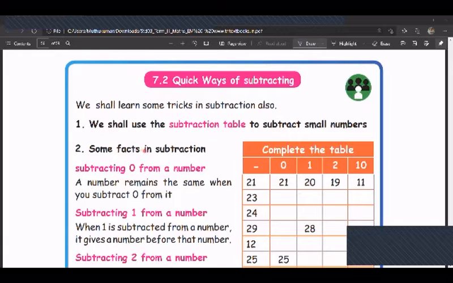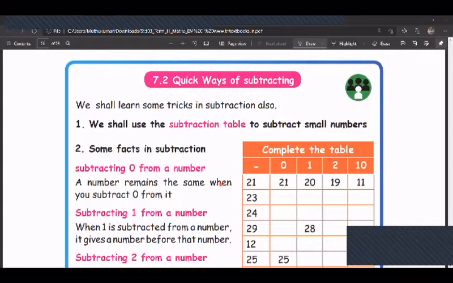Some facts in subtraction. We have learned these facts earlier when we studied subtraction, isn't it? So, let's see it again. Subtracting 0 from a number. A number remains the same when you subtract 0 from it.